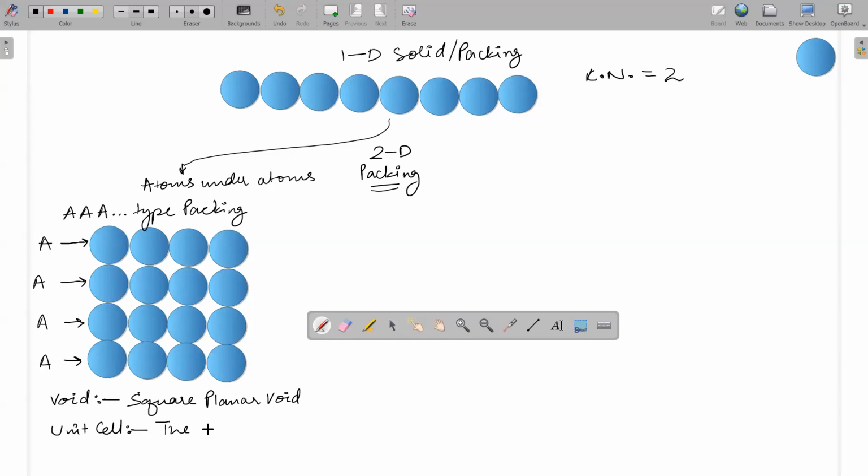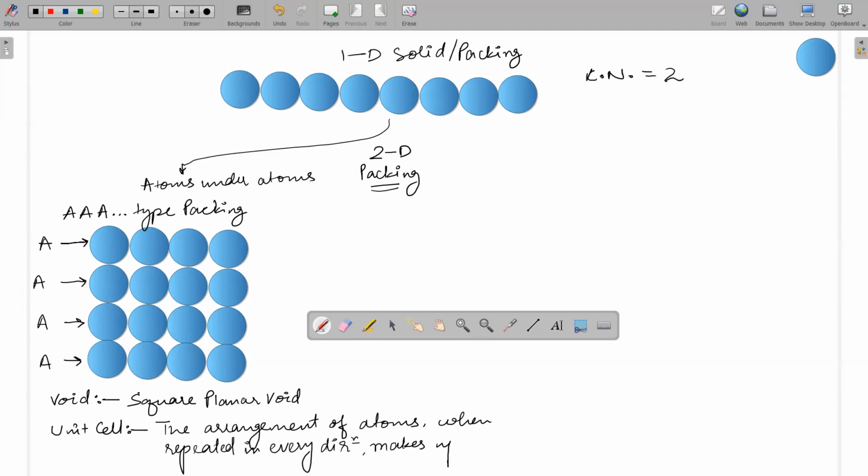The arrangement of atoms when repeated in every direction makes up the packing. Okay, it makes up the packing.